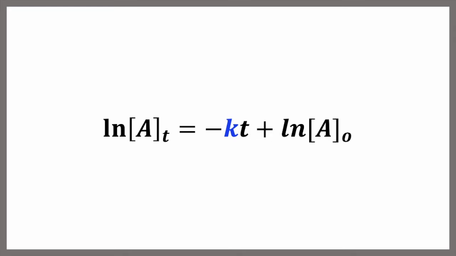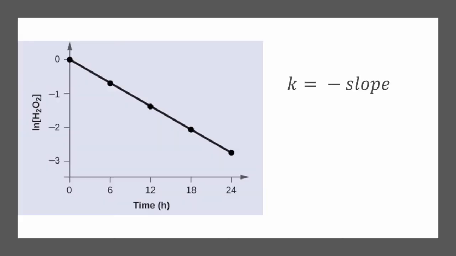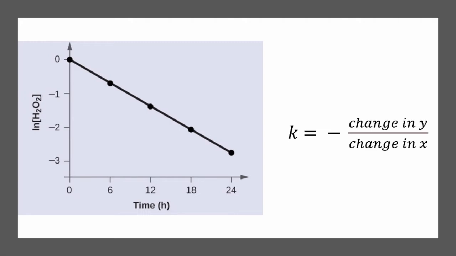Now, look at this form of the equation again to see why this is the case. We've put the equation into y = mx + b form, and negative k is m, that's the slope. So k is the negative slope, and the slope is the change in y over the change in x.